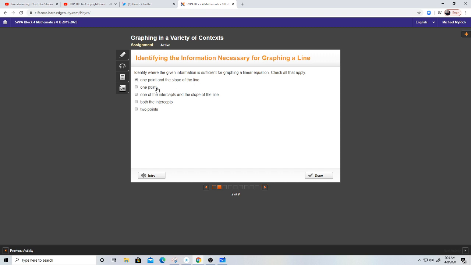Yes, I just said that. You can't draw a line with 1 point. No. One of the intercepts and the slope of the line. Can I draw that? Yes, because technically that's a point and a slope, so I can do that. Both intercepts? Yes, because that's 2 points. Here's 2 points. Pause for dramatic effect.